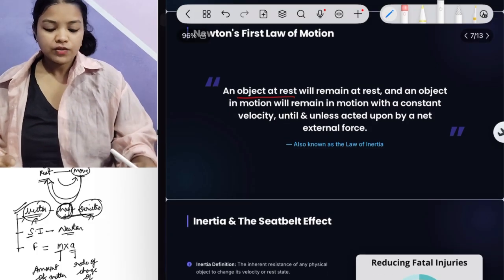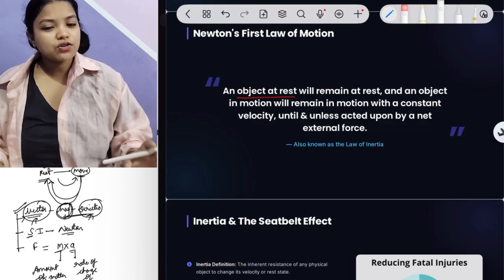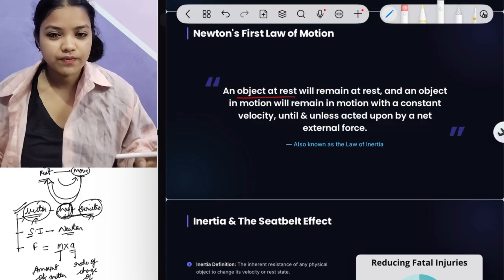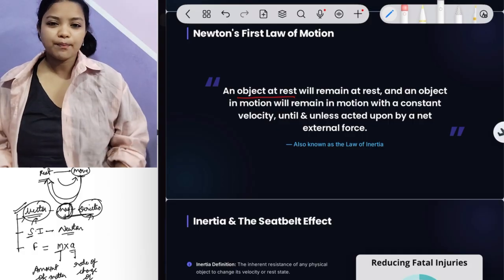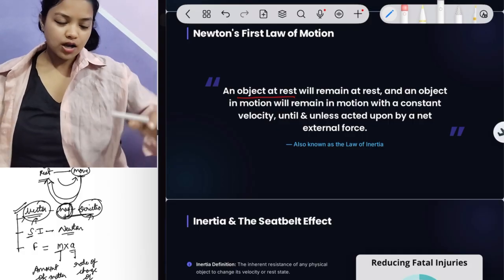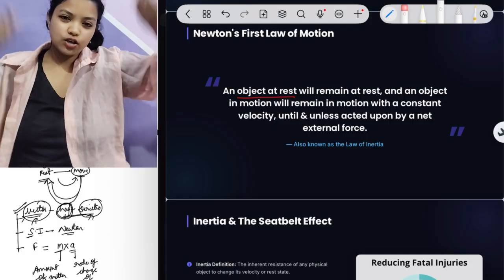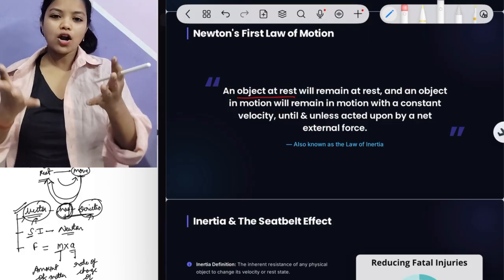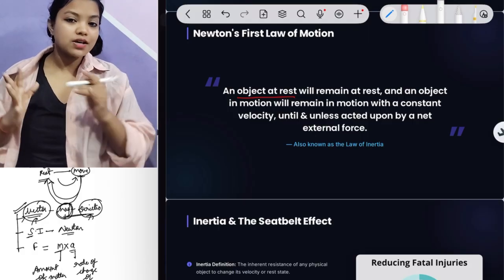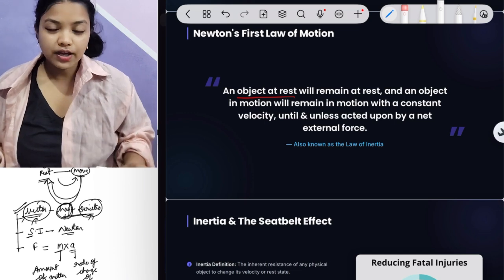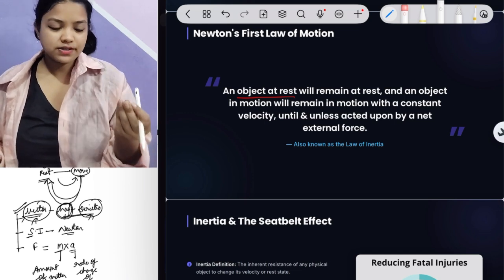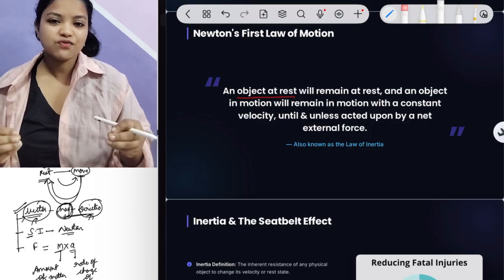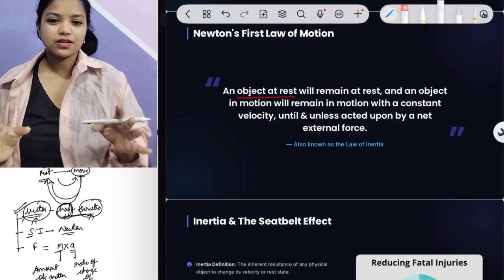Is it clear? Now until कब तक वो rest और motion में रहना चाहिए? Until we do not apply the external force. Example, most famous example देख लीजिए, जैसे दरी है. अगर आपको साफ करना रहता है, then you do it like this. Then all the dust particles fall down, because the dust particles are stuck between the fabric of the curtain or something.